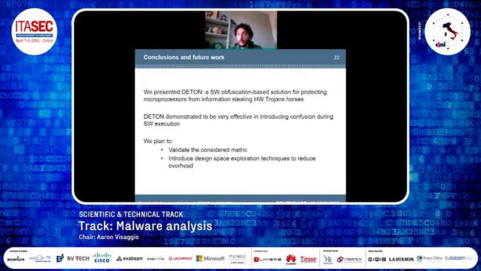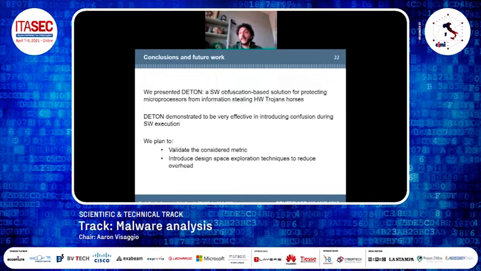So just to conclude, we presented DETON, which is this framework for software manipulation, software obfuscation to protect microprocessor-based systems against information stealing hardware Trojans. What about future work? Of course, we plan to validate the metric, the register hit that we use for evaluating the effectiveness of DETON.